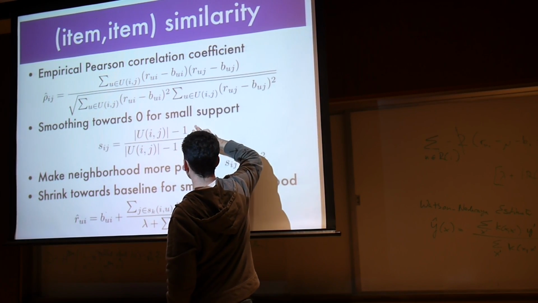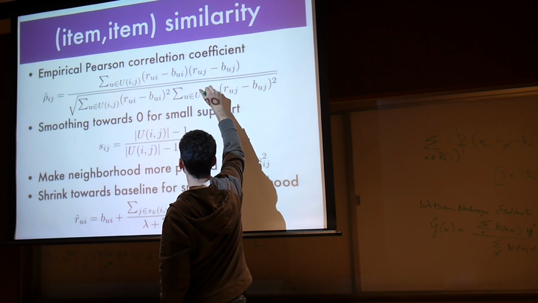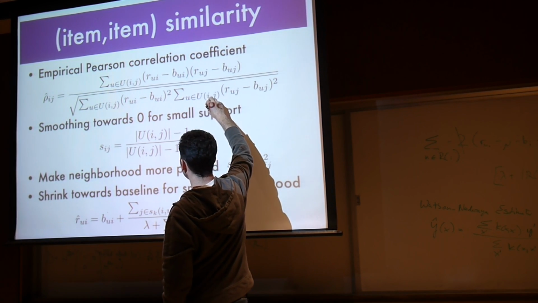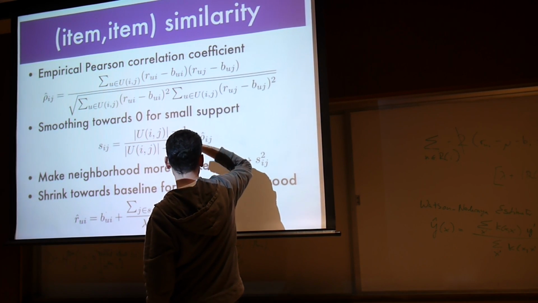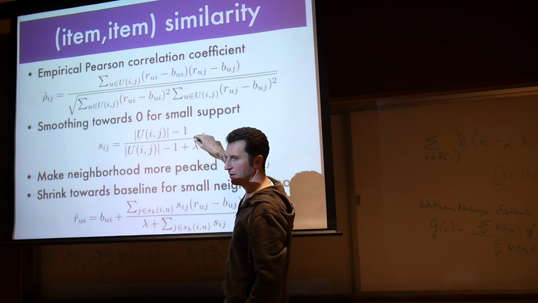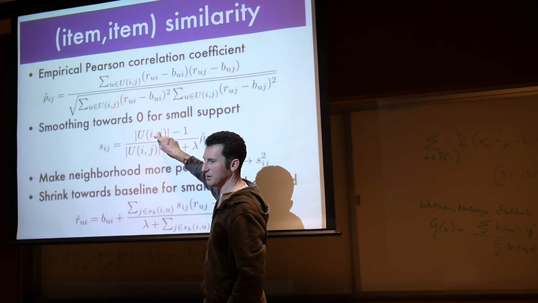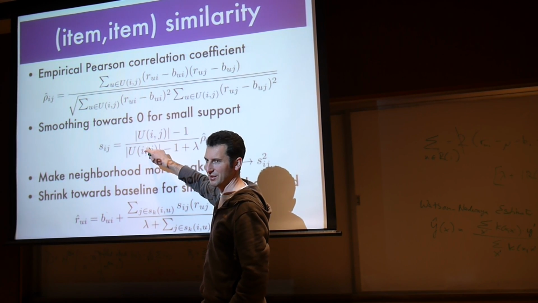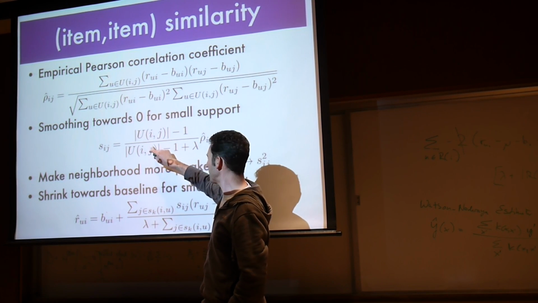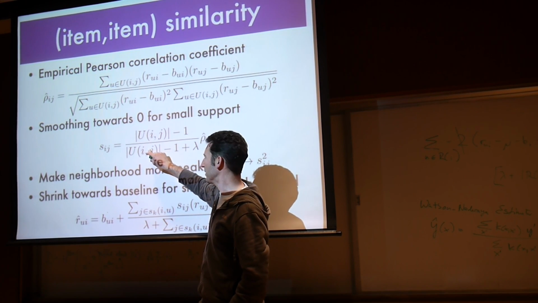And an interesting, happy smoother would be to say, well, we take that Pearson correlation coefficient and then we multiply it by some function up front which gets smaller, the smaller the number of users is. And that's really the only criterion: it converges to 1 if that set of users goes to infinity.